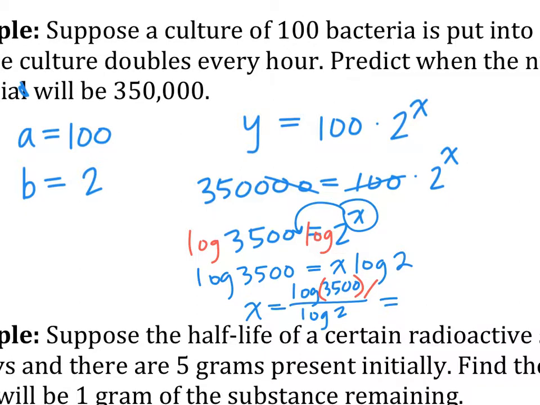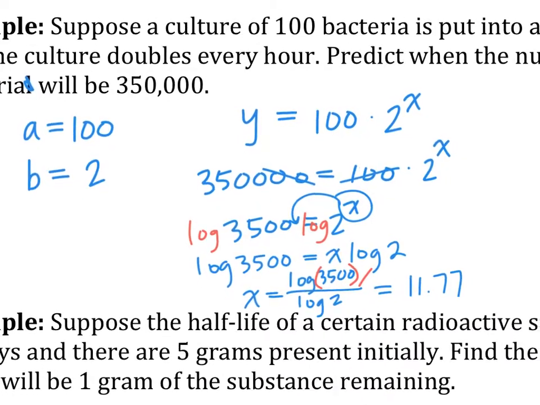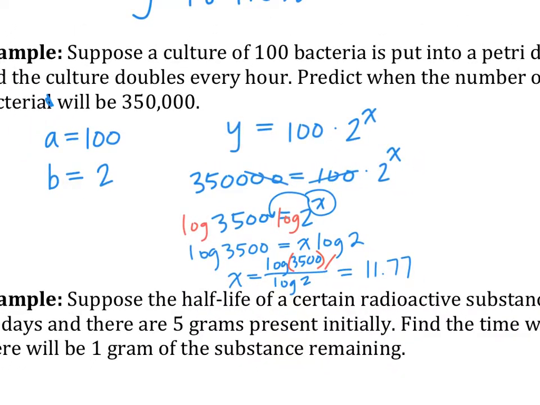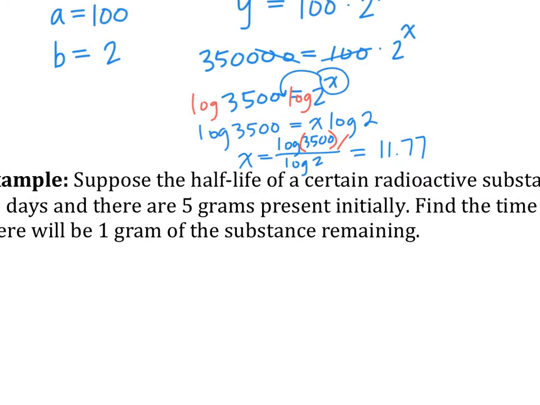All right, what is the answer? Around 11.77. So it's going to take 11.77 hours to get to 350,000.